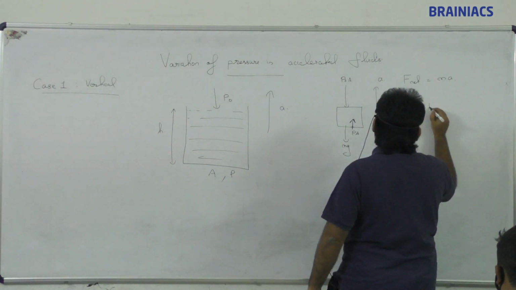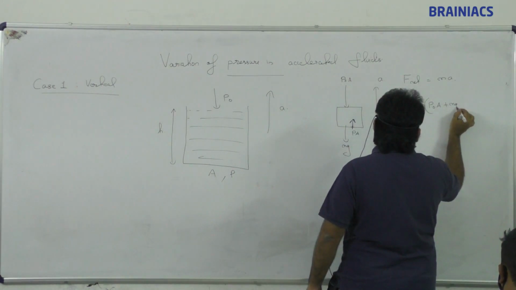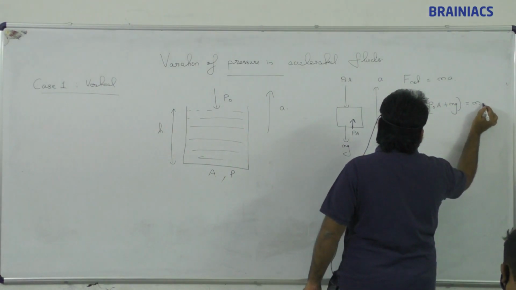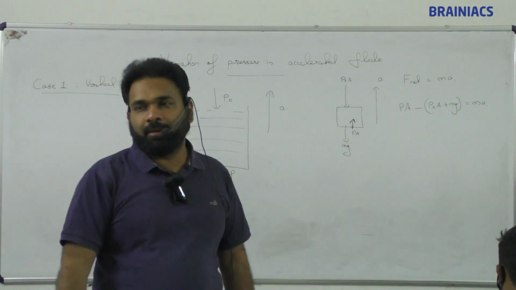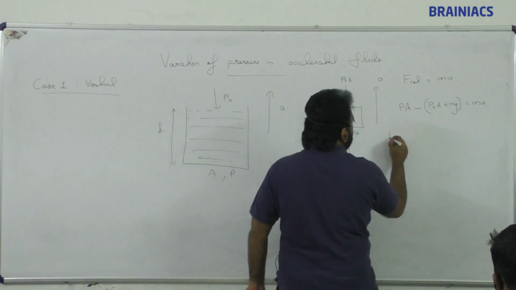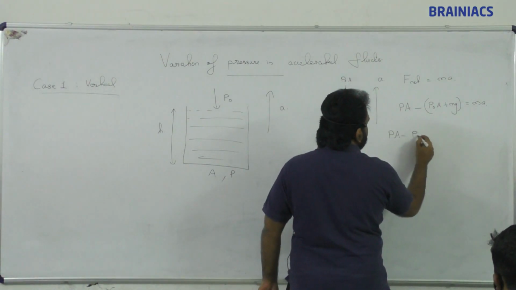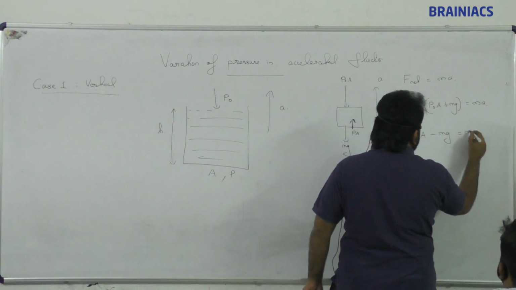PA minus P naught A plus mg will be equal to what? MA. That is how it will come, right? Correct? So we can write PA minus P naught A minus mg is equal to MA.